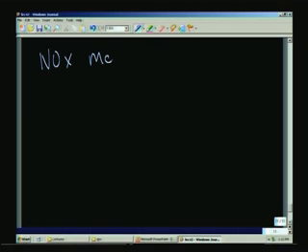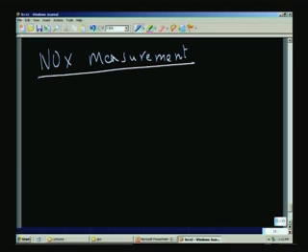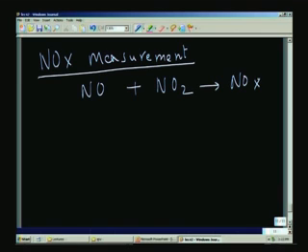NOx measurement. I think we already explained to some extent what this NOx is. Actually, nitric oxide plus nitrogen dioxide, this is referred to as NOx, and it is produced in combustion devices during combustion.